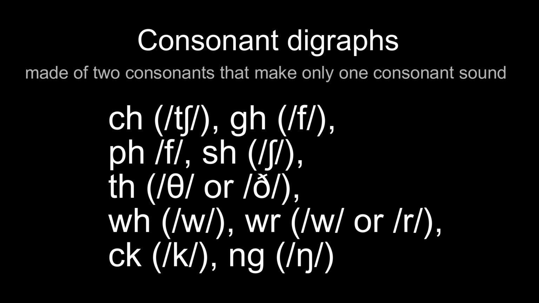Common consonant digraphs are these: ch, gh, ph, sh, th, wh, wr, ck, ng.